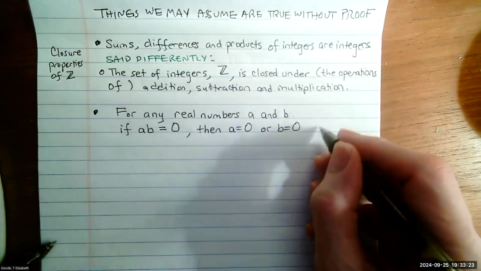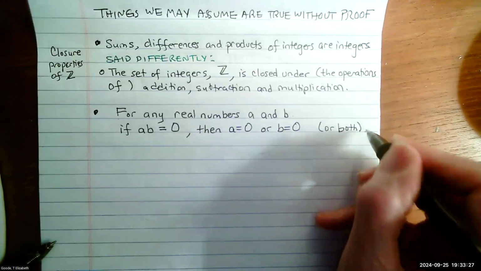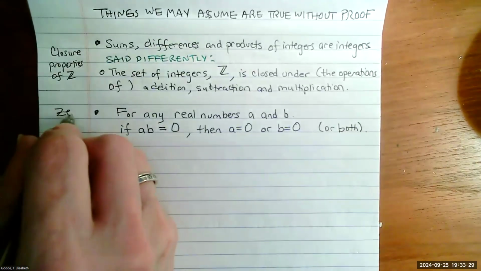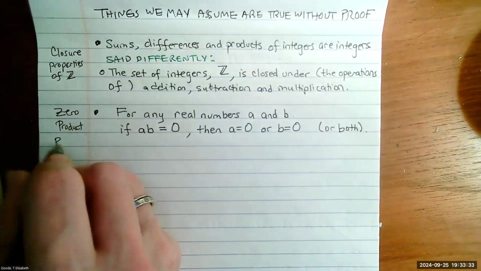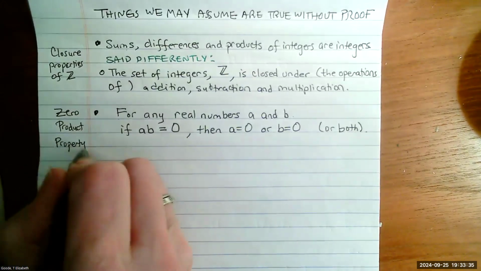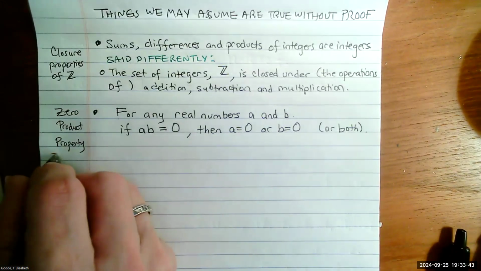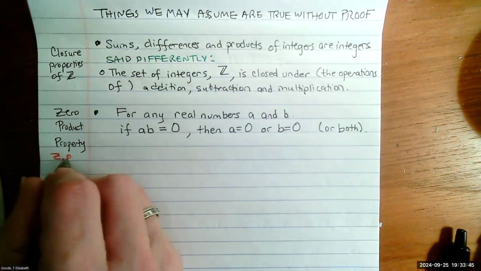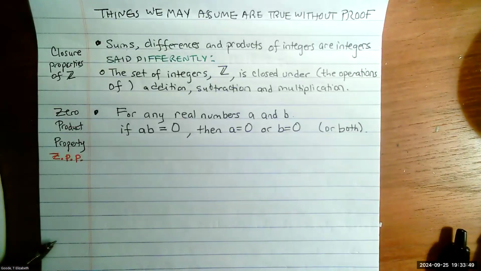It's the inclusive or, so I don't need to say this, but I will, or both. This is called the zero product property. It makes perfect sense if you just think about it for a minute. We all kind of intuit what zero is all about. This is a basic property of the number 0. By the way, on a test or even on homework, you're not going to want to write out zero product property. We just call it the ZPP for short.